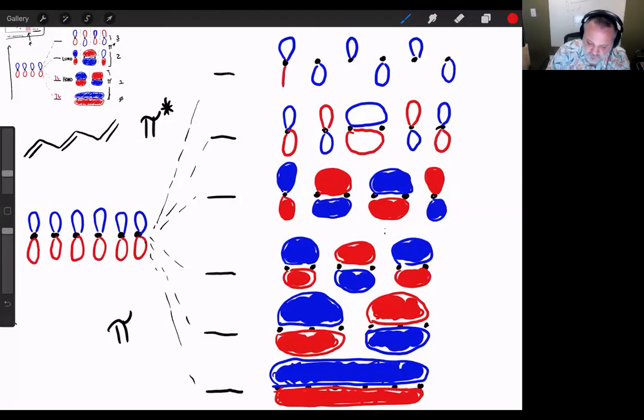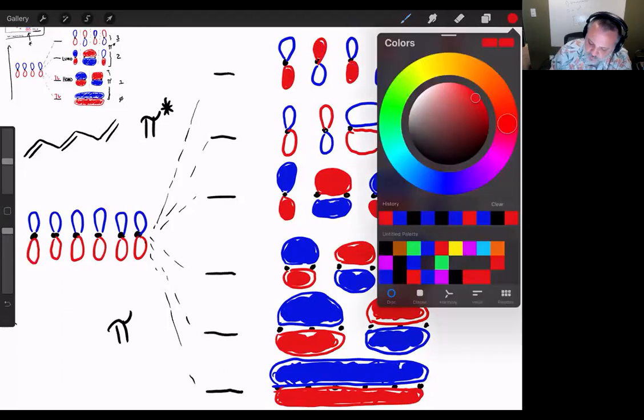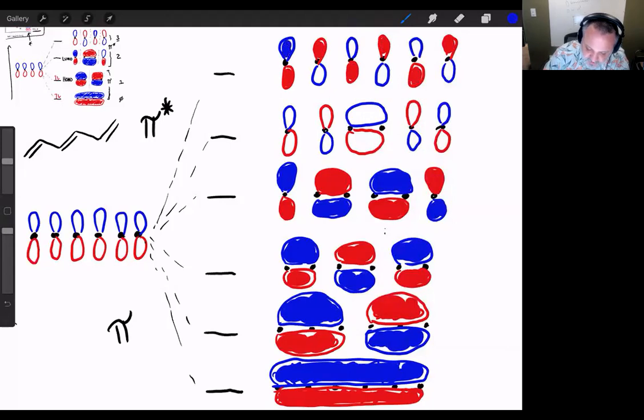Now I can finish this one out while I'm here, just to get a little bit better with this. All right, so while I'm finishing filling them in for color's sake, think about which one of these is the HOMO and which one is the LUMO.